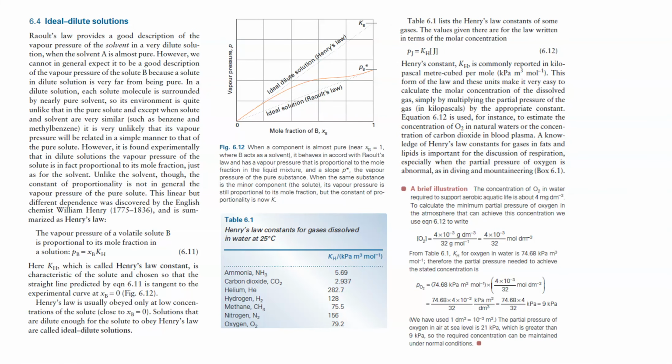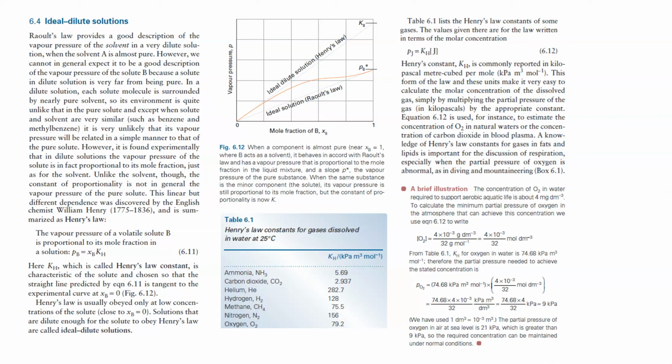Now, moving along to ideal dilute solutions. Raoult's law provides a good description of the vapor pressure of the solvent in a very dilute solution when solvent A is almost pure. However, we cannot in general expect it to be a good description of the vapor pressure of the solute B, because a solute in dilute solution is very far from being pure.